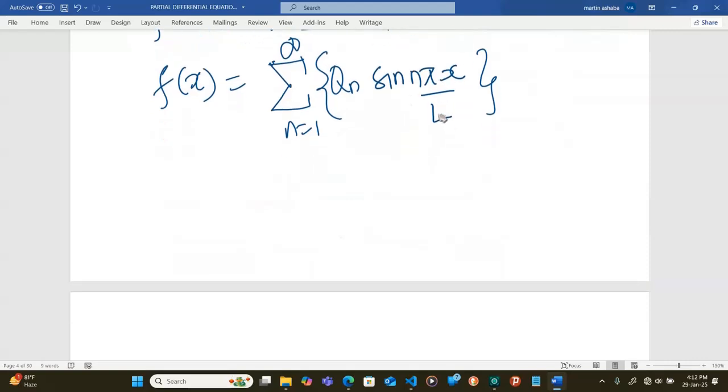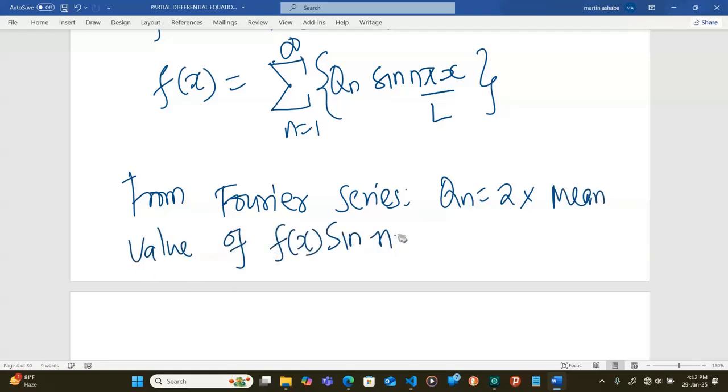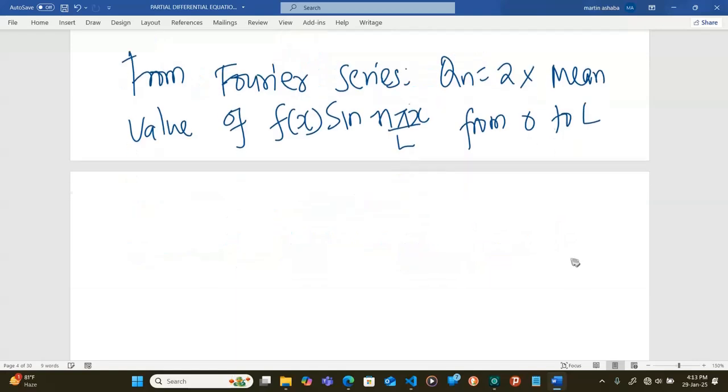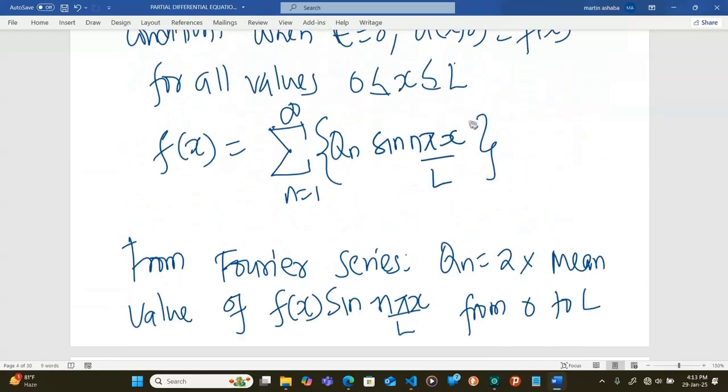Then, from Fourier series, 2n is equal to twice the mean value of f(x) sine(n pi x out of L), from 0 to L. If you have 2n being the coefficient of sine, a sine function is an odd function.